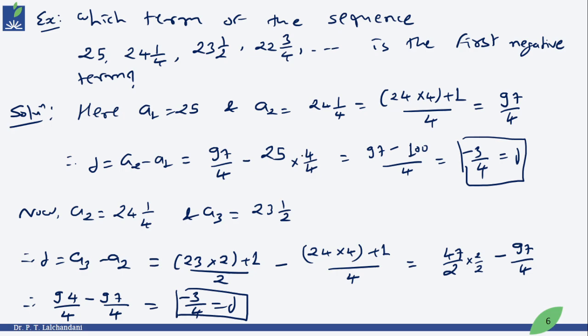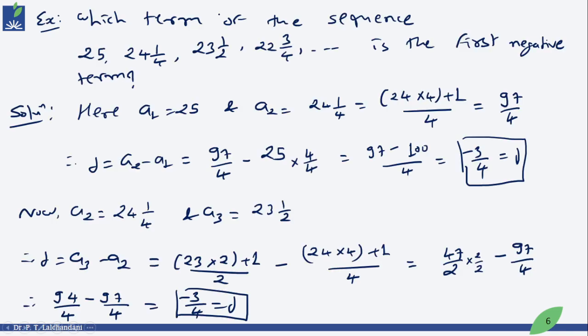Right? So we will find out the difference between A1 and A2, A2 and A3. Similarly, you can also find out the difference between A3 and A4. Similarly, A4 minus A3 is equal to minus 3 by 4. This you have to verify, right? We have already found the difference between the first and second term, and the second and third term.